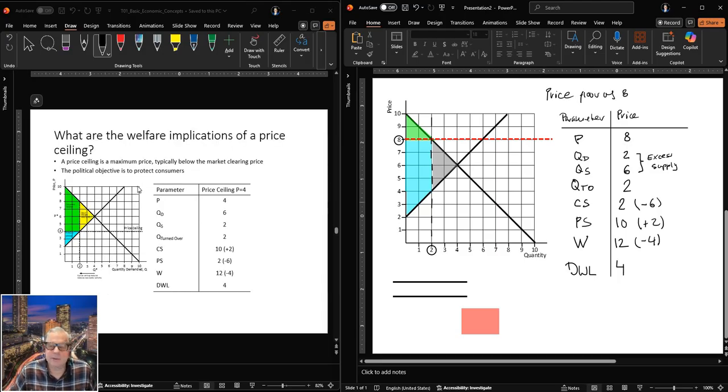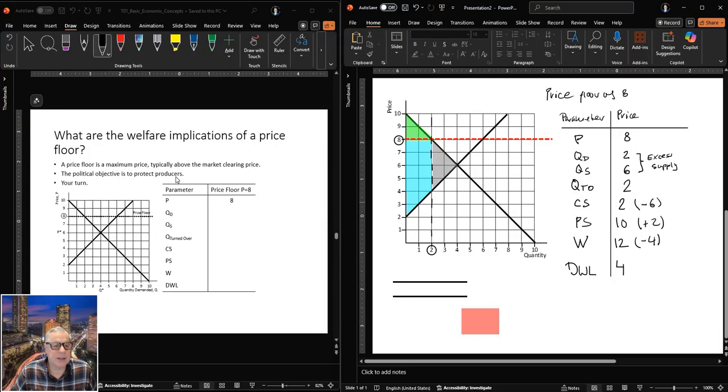Okay, so now we discussed the impact of a price ceiling and a price floor. So here we had quantity demanded was 2, quantity supplied was 6, quantity turnover 2, consumer surplus 2, a loss of 6, producer surplus 10, a gain of 2, and welfare 12, deadweight loss 4.